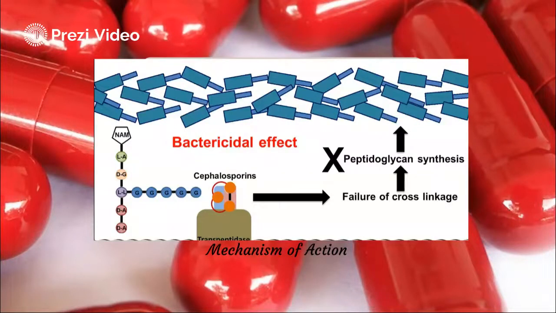It inhibits the bacterial cell wall synthesis by binding to one or more of the penicillin binding proteins, which in turn inhibits the final transpeptidation step of peptidoglycan synthesis in the bacterial cell wall, thus inhibiting cell wall biosynthesis. The bacteria eventually lyses due to ongoing activity of cell wall autolytic enzymes while cell wall assembly is arrested.